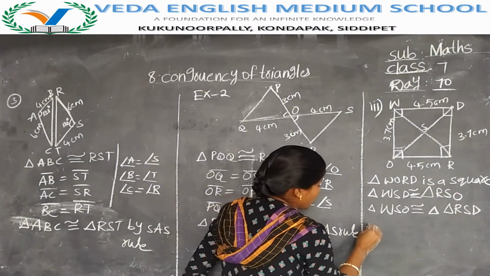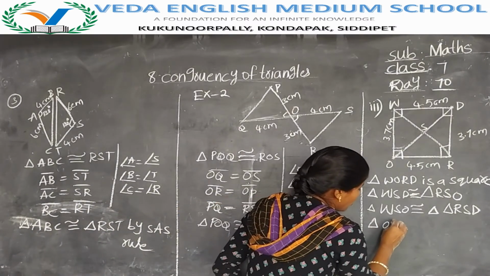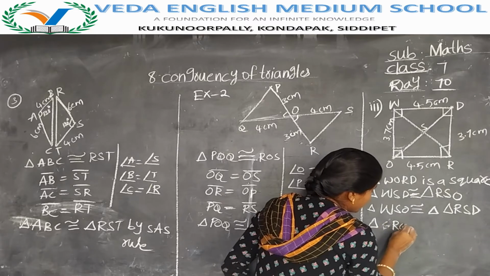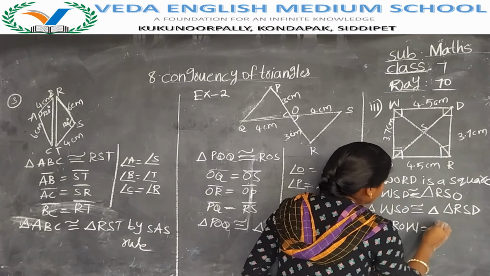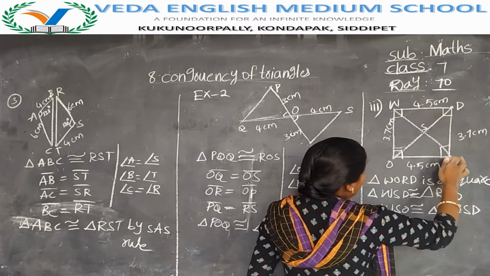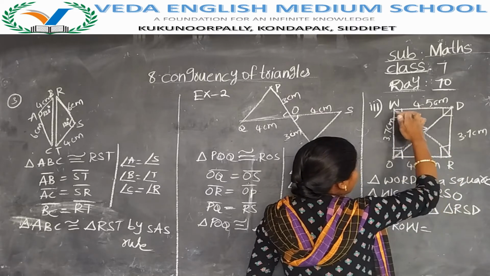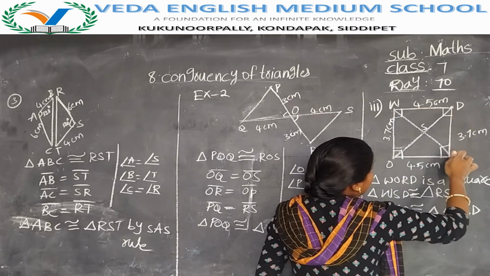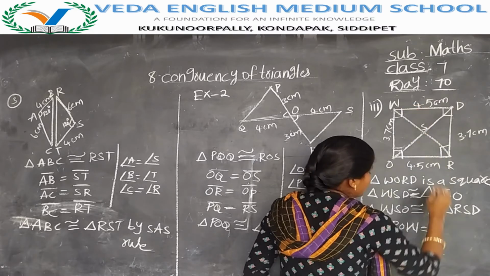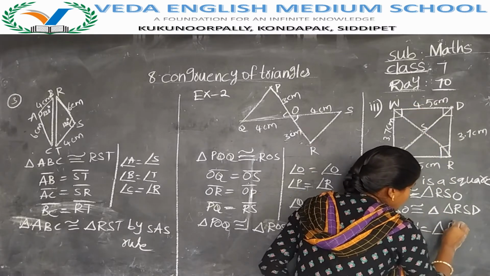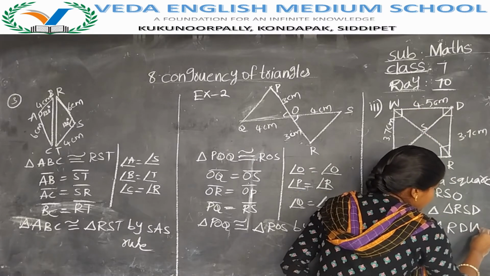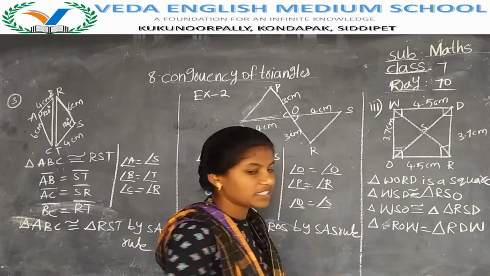Then the last one we have to say: triangle ROW. We will take ROW. That is DRDW. RDW is a square, all sides are equal. So these two triangles are equal.